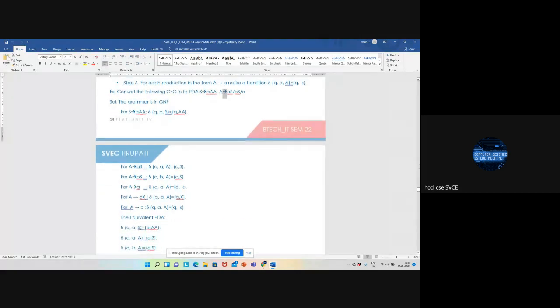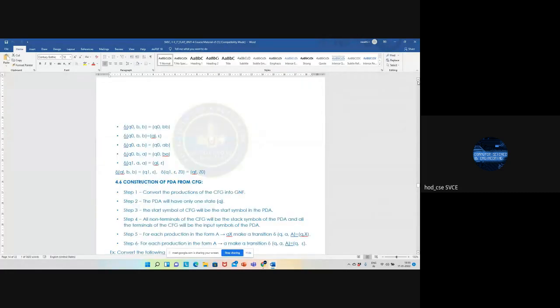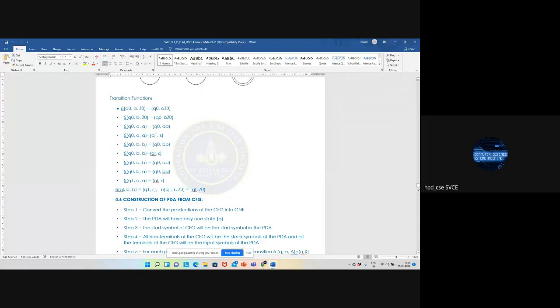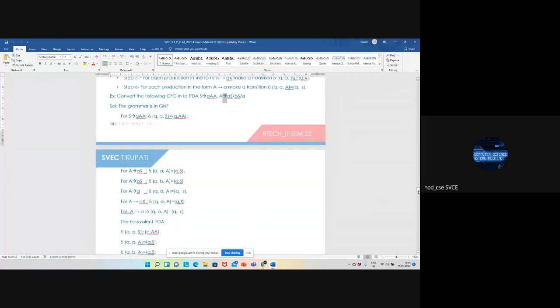Likewise, we have to apply this for all the productions. We may have productions in the form of either A tends to aX format or A tends to a format. We have to apply step 5 and step 6 for all the productions accordingly. If it is only a terminal on the right hand side, you have to apply step 6.